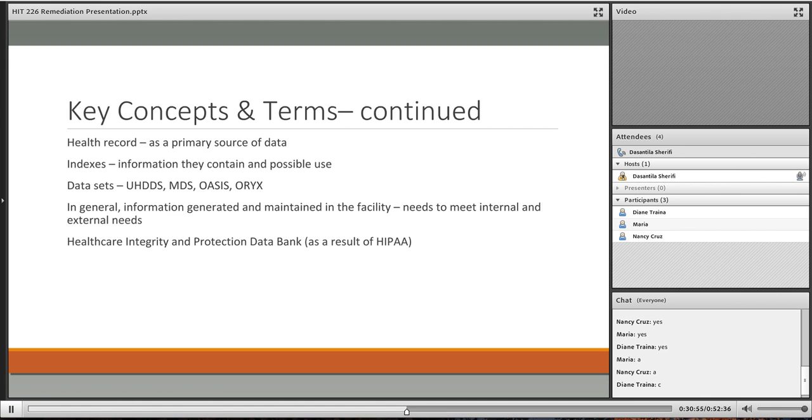Now, in general, the information that's generated and maintained in the facility needs to meet internal and external needs. What does this mean? Whatever you keep and document, you do it for a certain purpose, not just because you have fun with it.